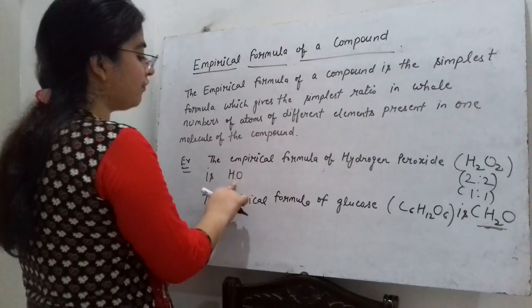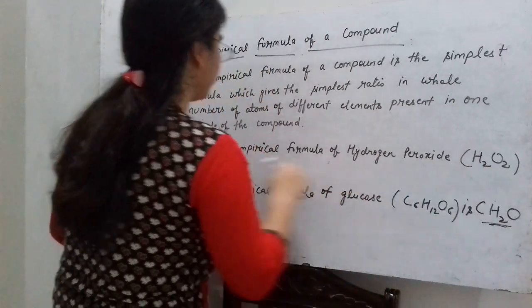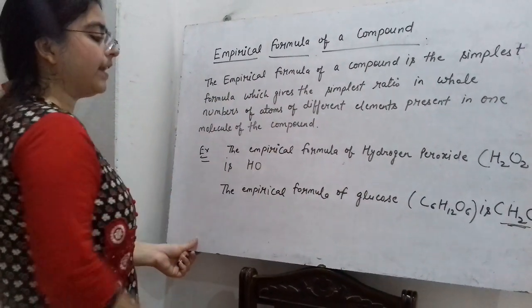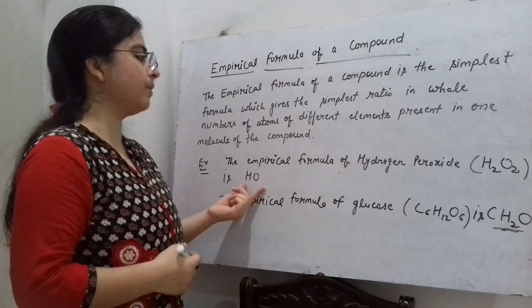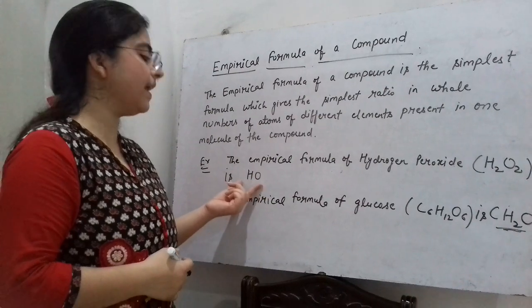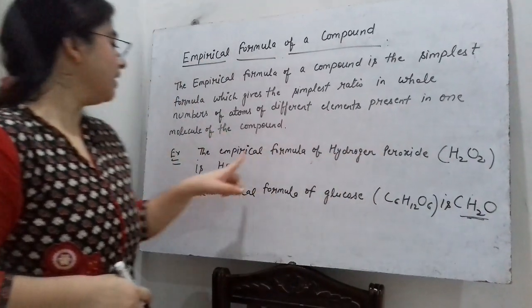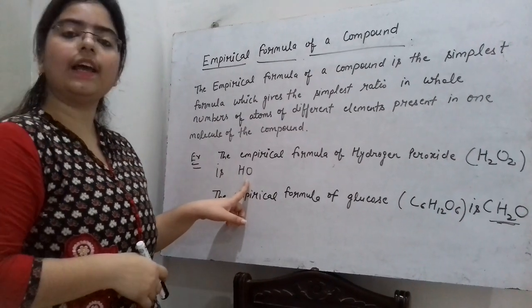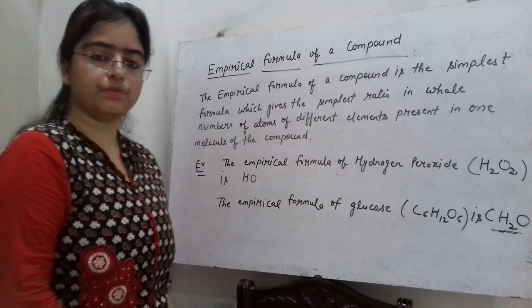So the empirical formula of hydrogen peroxide H2O2 is HO. So finally we can say that empirical formula is the simplest formula which gives the simplest ratio in whole numbers between the number of atoms of different elements present in one molecule of the compound.